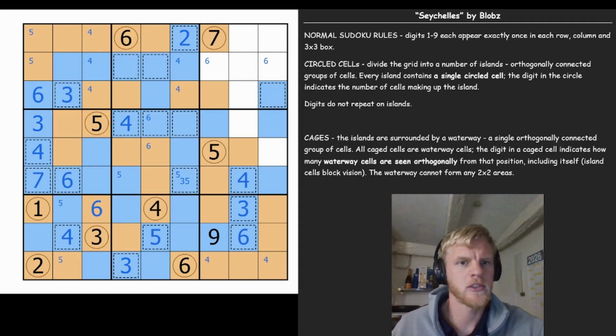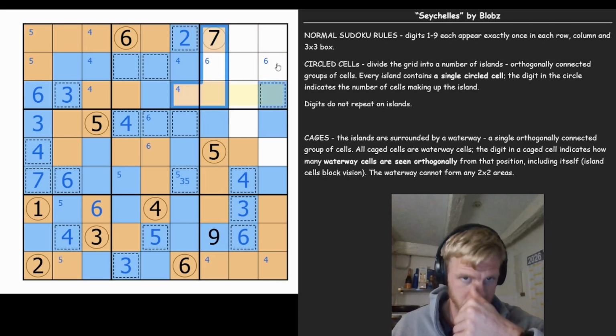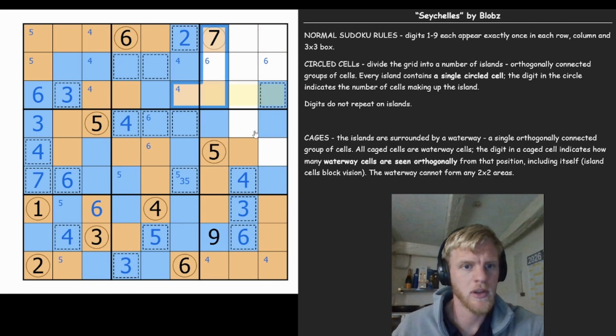Or in one of those. Now the 7. How is this? 4, 5, 6, 7. Like this. Then the 5 goes up. How do we connect those two?